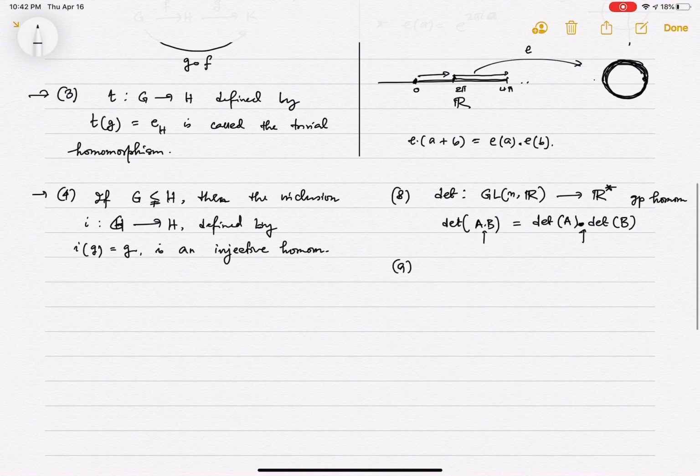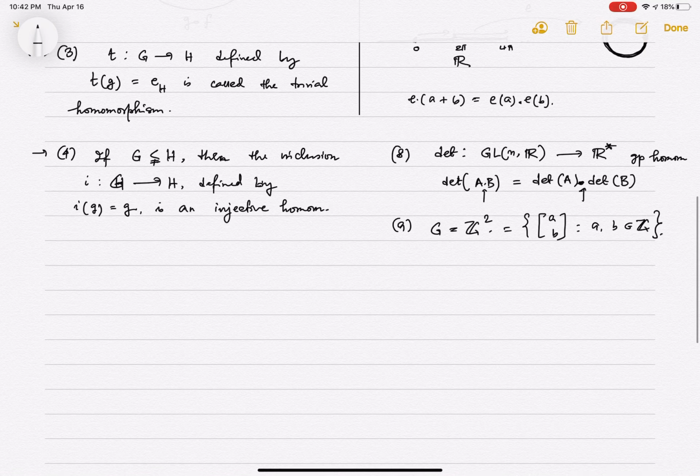Here's another example. Right, so let's take G to be our Z^2. So these are, let's write them as column vectors. Then, here's an exercise.